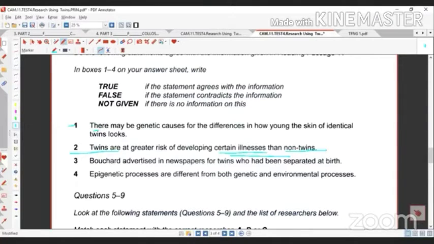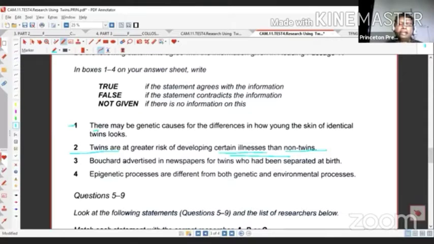Sorry, I understand the first one. It says that though they are identical twins, somehow one of them, the brother or sister twin, may look younger than the other, so it may be caused by some genetic predisposition.